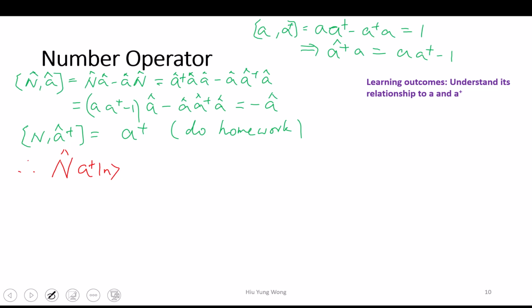You can even think of this as, I first apply the A dagger to the state n. After I apply the A dagger to n, you get another state, right? But you don't know what state that is. However, I will try to measure. I put the n operator to it, try to measure how much n it is now. Do you see what we are doing here?